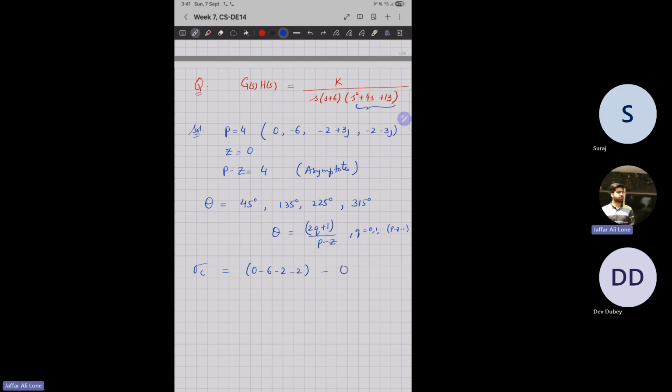I'll directly write 0 divided by p minus z is 4 minus 0. It's minus 10 by 4. So it means my centroid is given by minus 2.5. Okay, so this is my centroid.